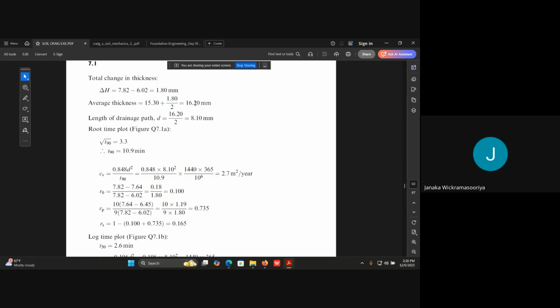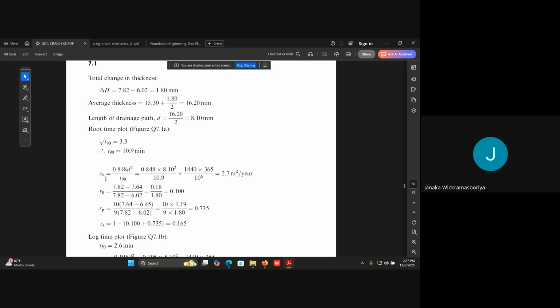So this will be the average thickness, and the length of the drainage path will be for double drainage. So it is this average thickness divided by 2, and the root time plot, that is the square root of T90, is 3.3. Then the T90 becomes 10.9 minutes.